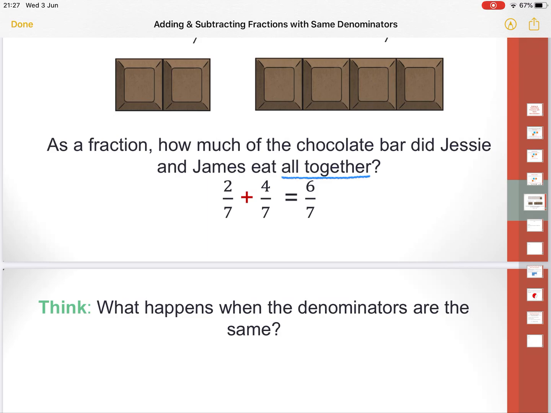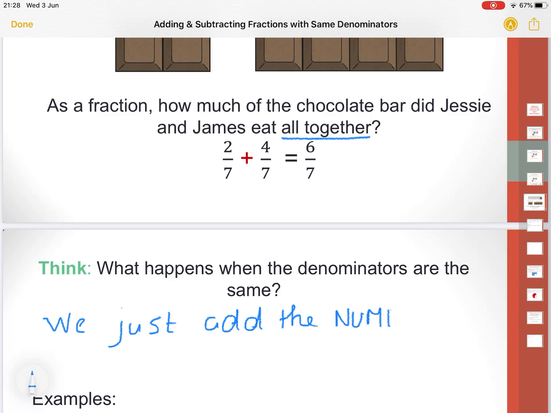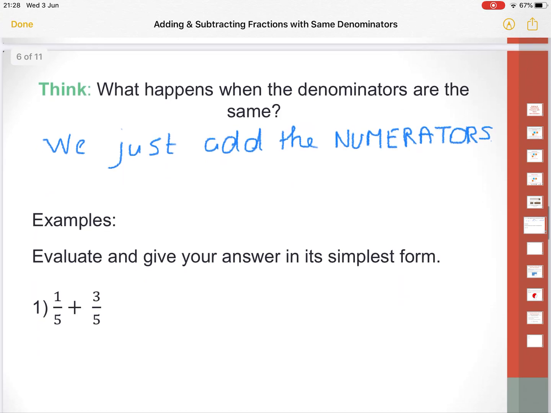When the denominators are the same, we just add the numerators. So let's write it down. We just add the numerators.